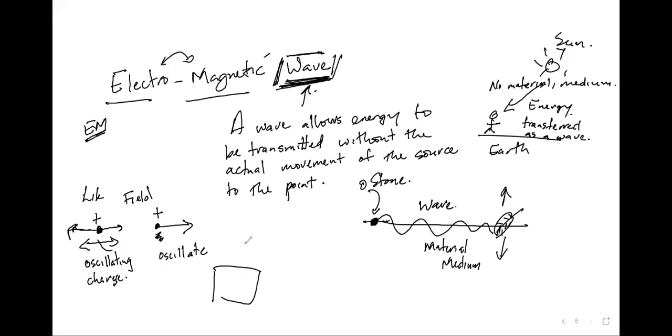That is our thing with our radio station and with the antenna. There's current flowing, and if there's another antenna in the vicinity, in the field, then the current will also cause current to flow in that one, and then we can decode the signal, and so forth and so on.